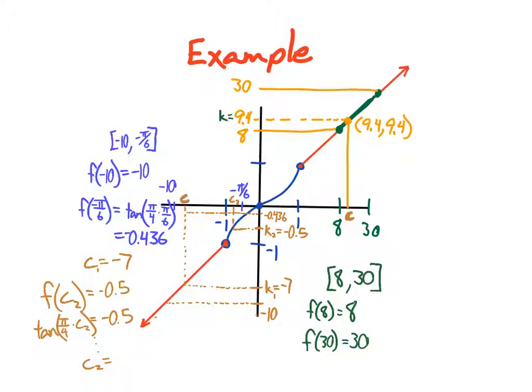I know there will be a y value. If my y value on one side is negative and my y value on the other side of the interval is positive, I know I've got at least one 0 in that interval. That's a primary use of this theorem.